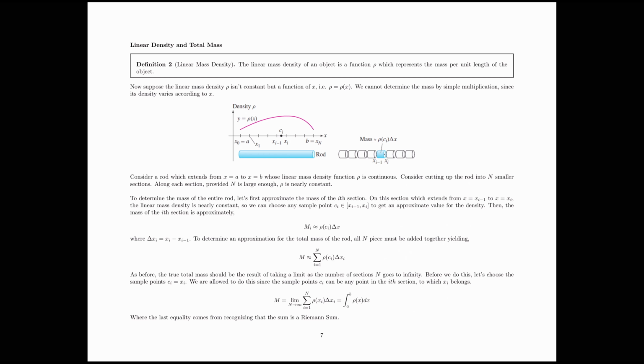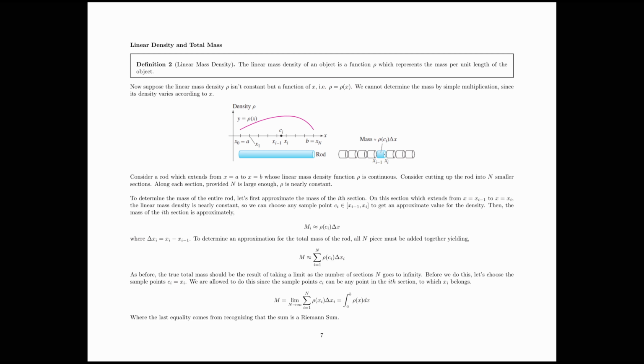For this first setup that we have here, in this definition, we'll see the word is a linear mass density. What this essentially means is it doesn't have to do with the function being a linear function. It just means that it tells us the density as we move in one direction. So our density function rho may very well be a nonlinear function.